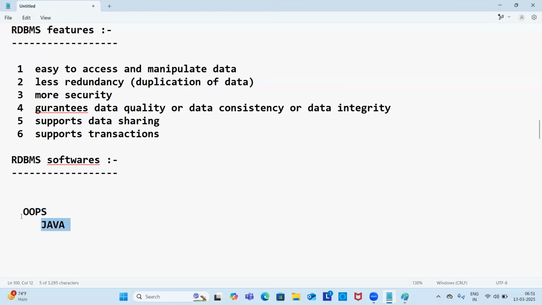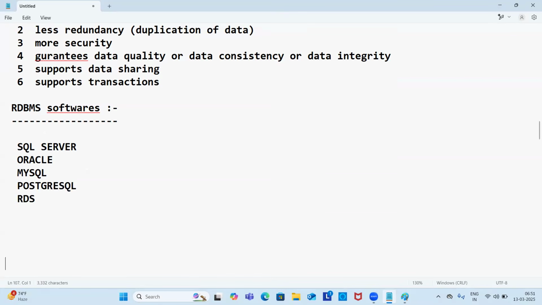Similarly, RDBMS is a concept. So what are the softwares that implemented the features of RDBMS? SQL Server is one. Oracle is one. MySQL is one. PostgreSQL is one. RDS is one.